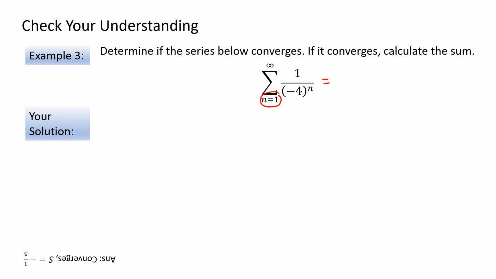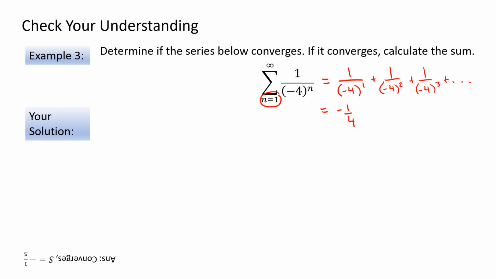So this simplifies out to 1 over -4 to the 1 plus 1 over -4 squared plus 1 over -4 cubed, continuing out. Okay, so what these would simplify to, our first instance is -1 over 4.